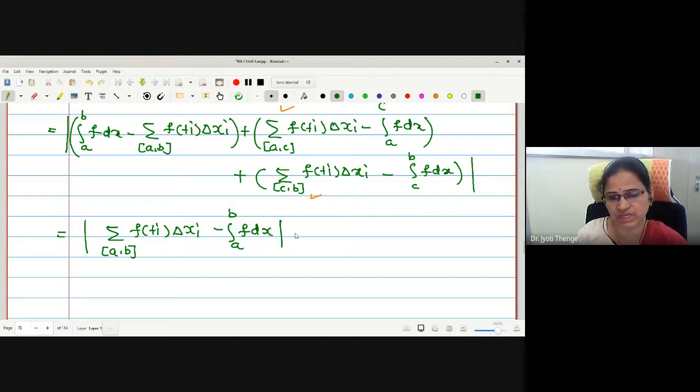Very simple proof it is. Okay, now here what happens? Instead of equal to, we have less than or equal to, na? Triangular inequality we were using.